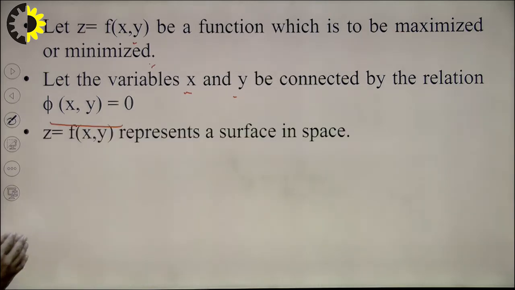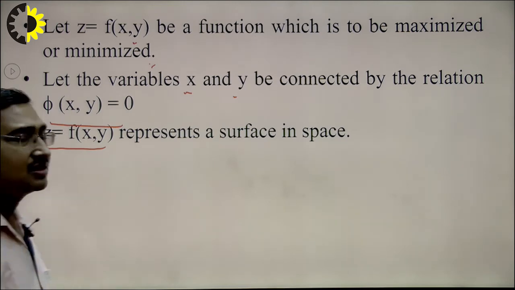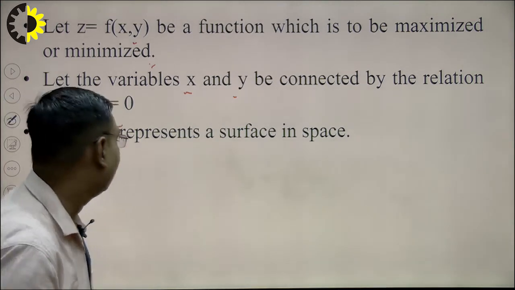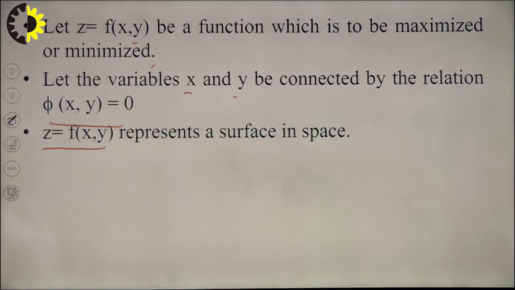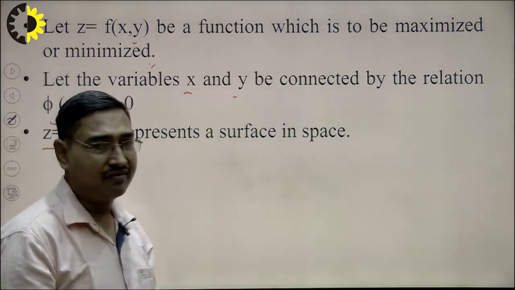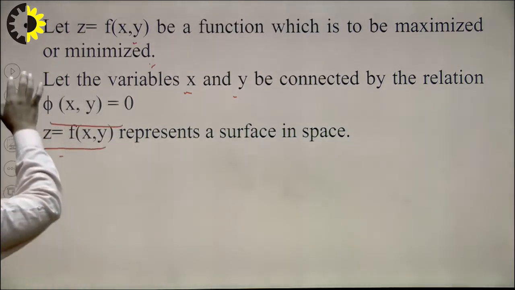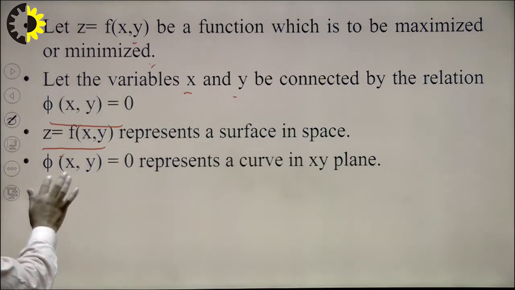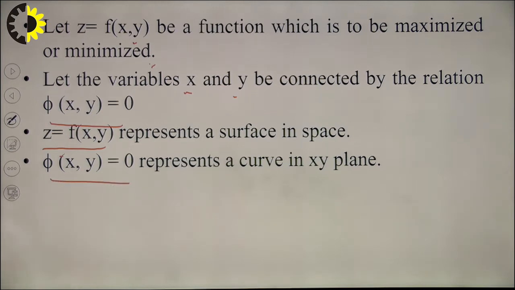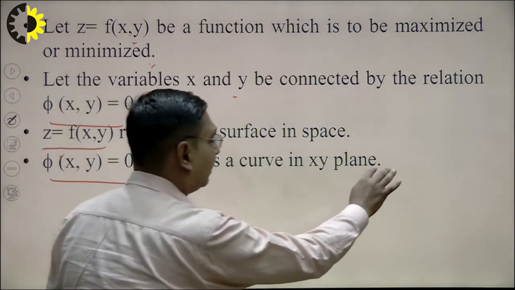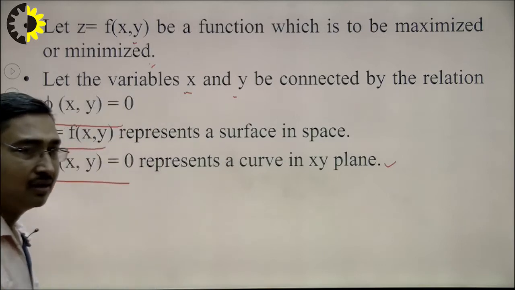Now, this z equal to f(x,y) represents a surface in space. We are already aware that any equation in terms of x and y, if I write it in the form z equal to f(x,y), gives a surface in space. The equation phi(x,y) equal to 0 represents a curve in the xy plane.